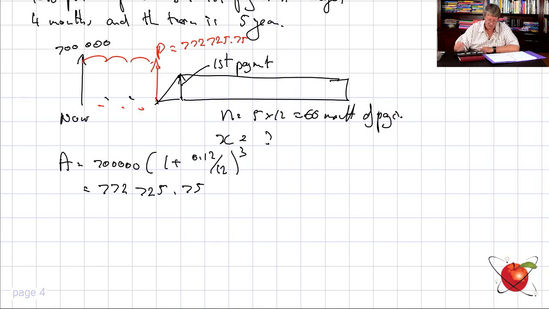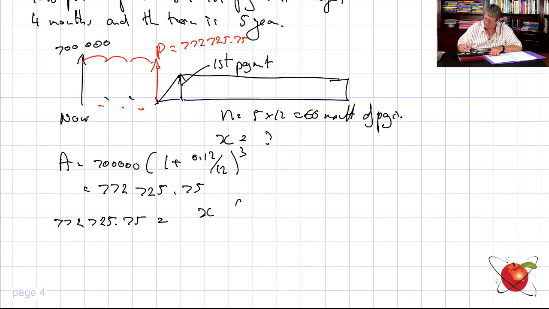Okay. So now I say, all right, how much do I have to pay monthly to pay that back? That's quite a simple calc, isn't it? All I have to do is I put that in. I know my P is 772,725.75.